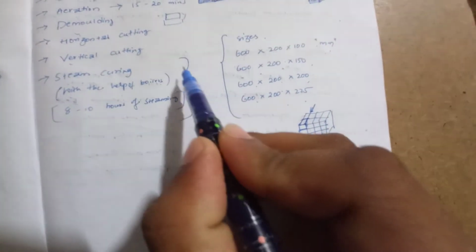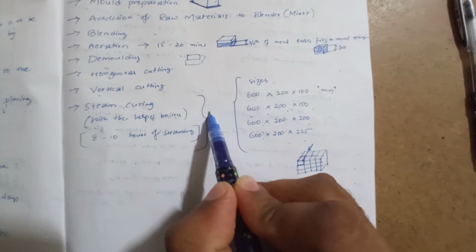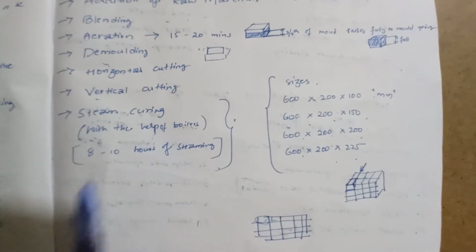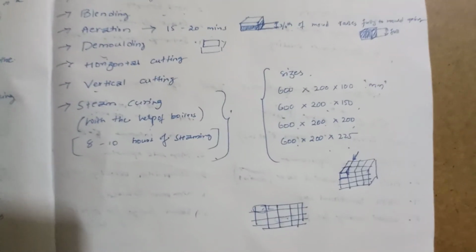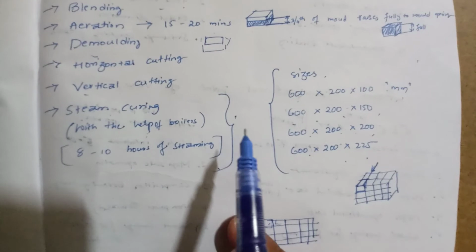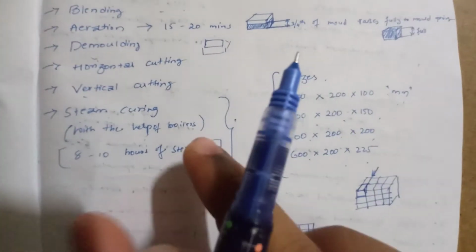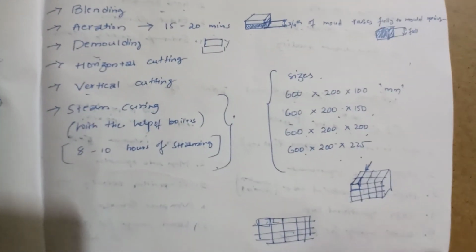This is the point where CLC blocks and AAC blocks differ. We'll be sending these blocks into steam curing. It is like a boiler will be there, and due to continuous heat of around 200 degrees Celsius, steam will be produced. With the help of that steam, we'll be curing these blocks.